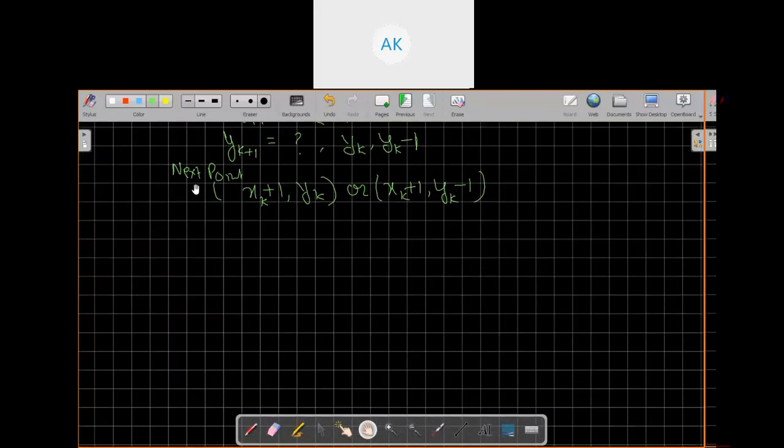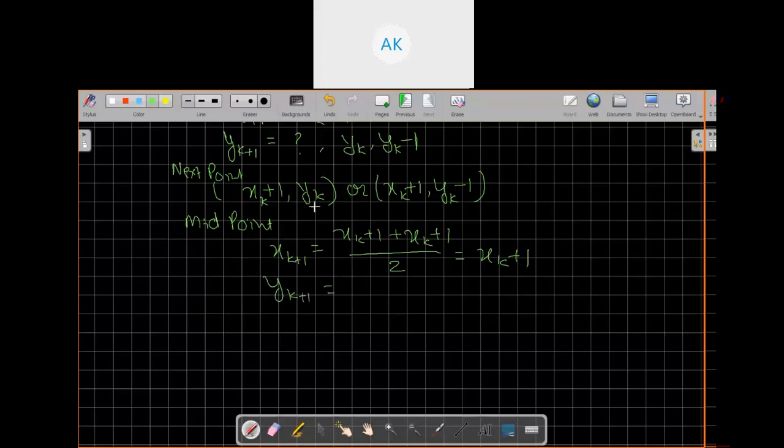Okay. So our next point may be (x_k + 1, y_k) or (x_k + 1, y_k - 1). So what is the midpoint of these two points? Midpoint x: x_{k+1} equals (x_k + 1 + x_k + 1) divided by 2, which is (2x_k + 2) divided by 2, meaning x_k + 1.